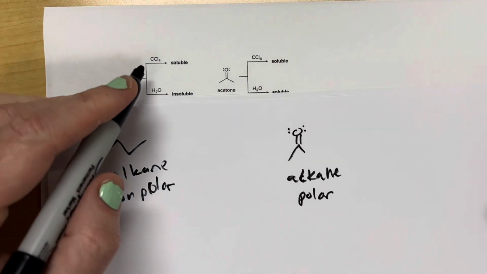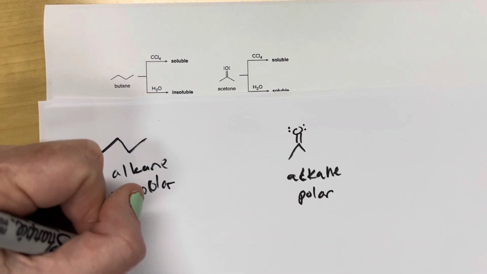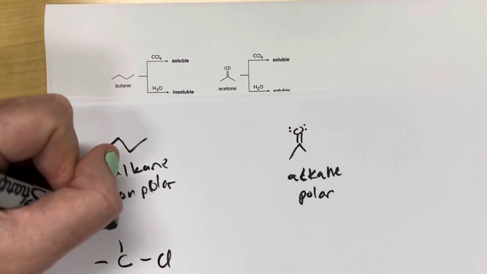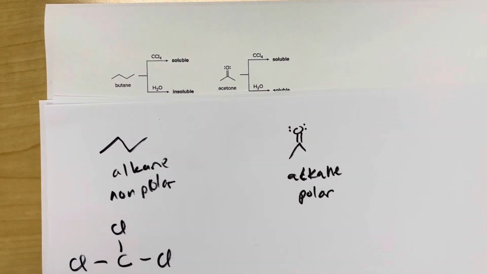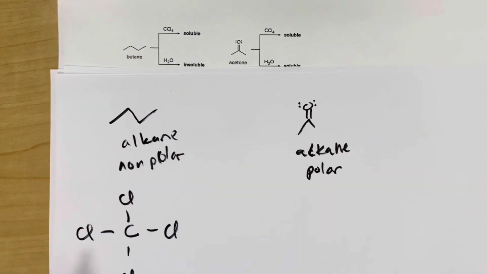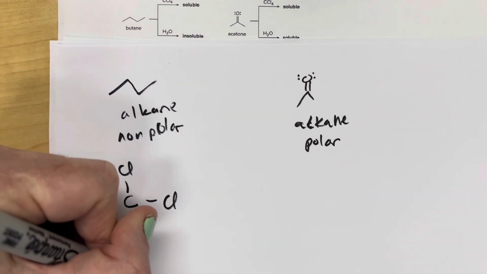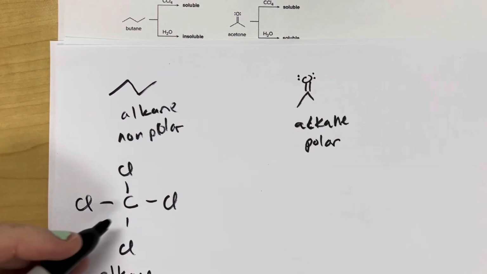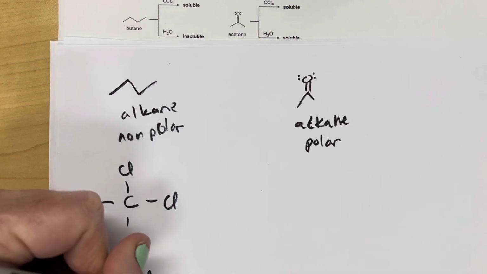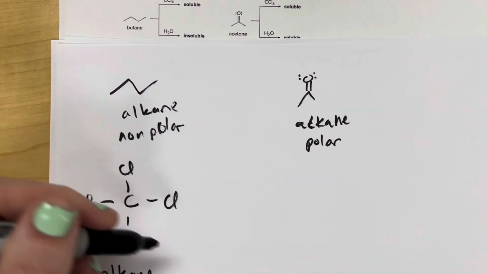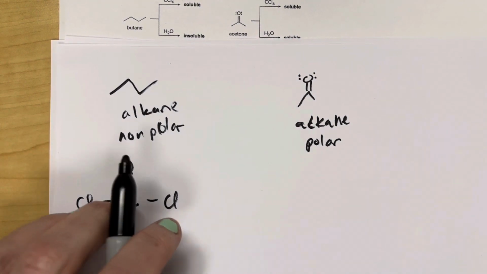All right, now let's look at these two solvents. We have CCl4, carbon tetrachloride. Carbon tetrachloride is an alkane, it's carbon singly bonded to things, and it's nonpolar, because you have these chlorines pulling in equal and opposite directions, so the overall thing is nonpolar.